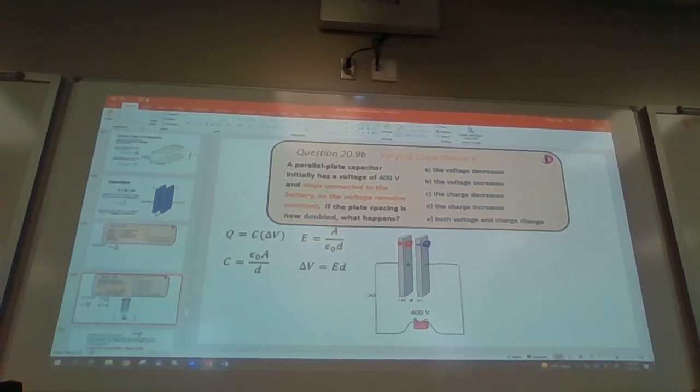You go through E, the electric field. That's the permittivity of free space, 8.85 times 10 to the negative 12.